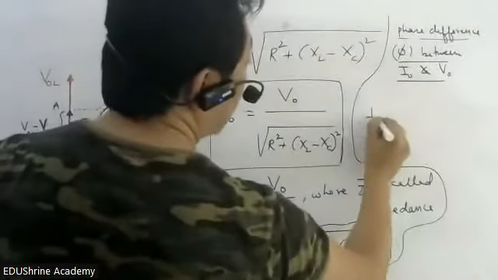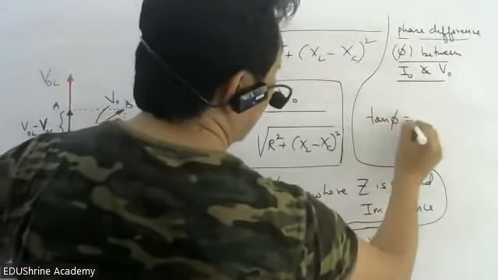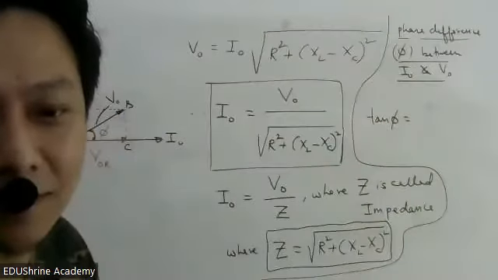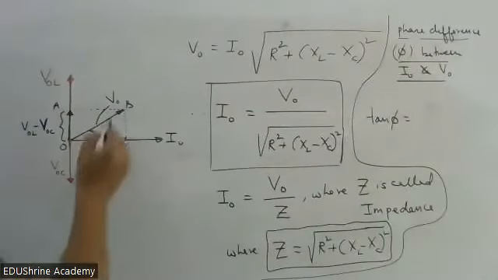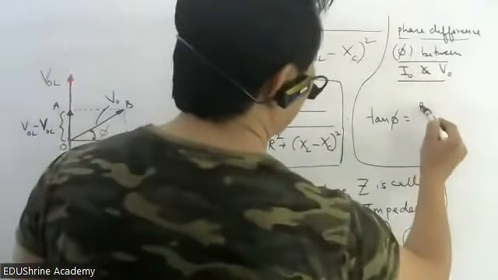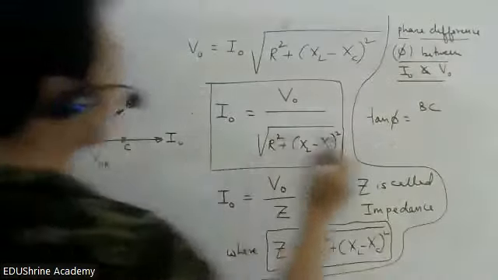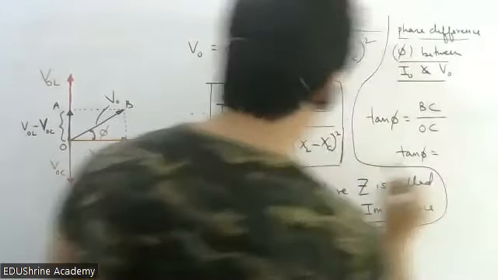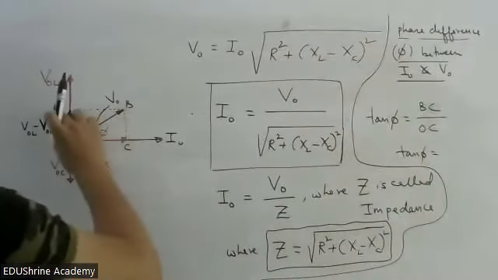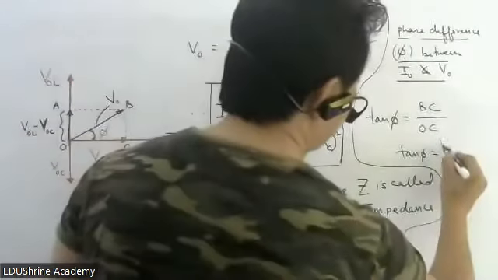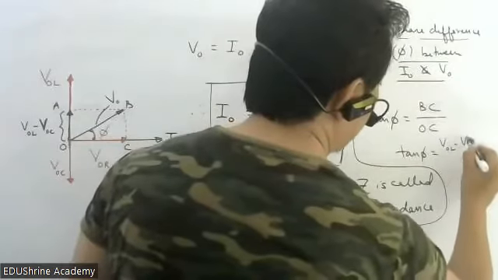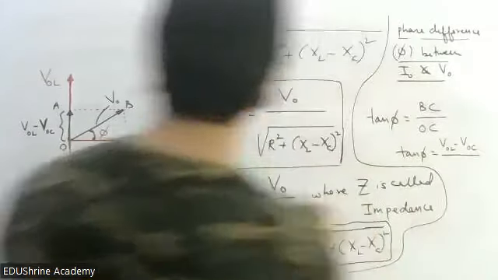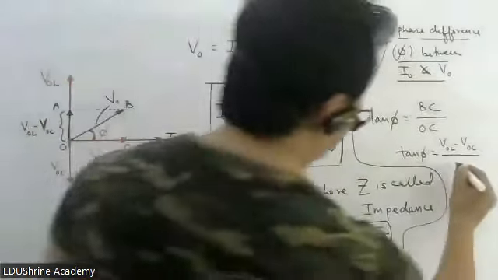Tan phi you use. Tan phi will be opposite by adjacent. Opposite is BC, adjacent is OC. BC is your V naught L minus V naught C. OC is your V naught R.